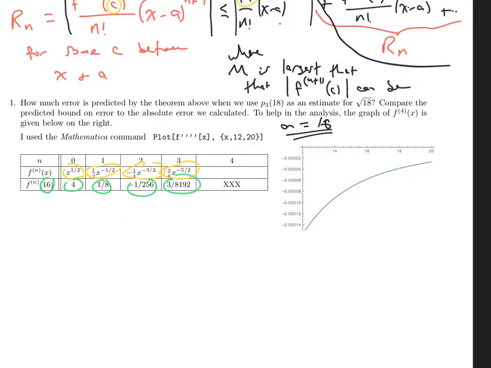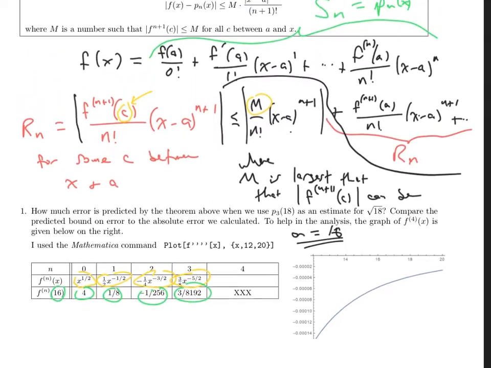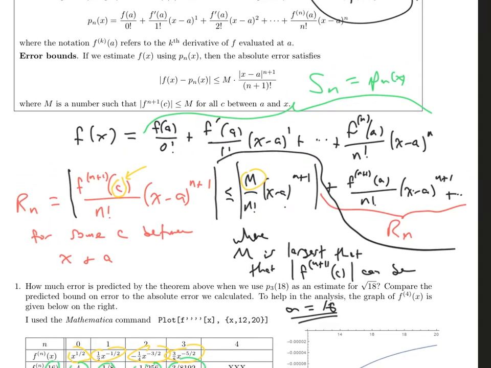What I've done on the screen here is I've made a space for the fourth derivative, because the fourth derivative is going to give us information about the error bound. If I'm using the cubic polynomial, if I'm using 3 for n here, then that means the M that I'm looking for is going to be a bound on the fourth derivative.